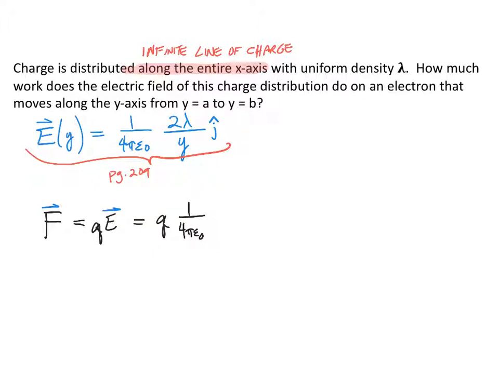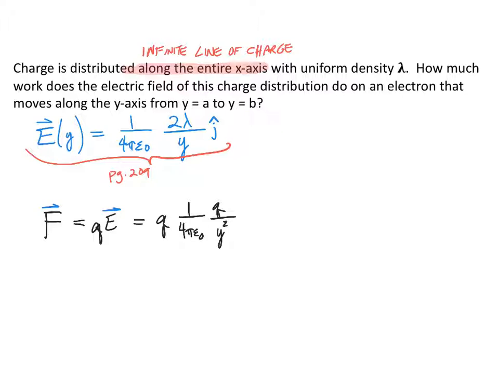And instead of charge in the numerator, because normally it would be Q, over R squared. In this case, we're talking about what's the field strength in the y direction. Okay, it would be Q over y squared.